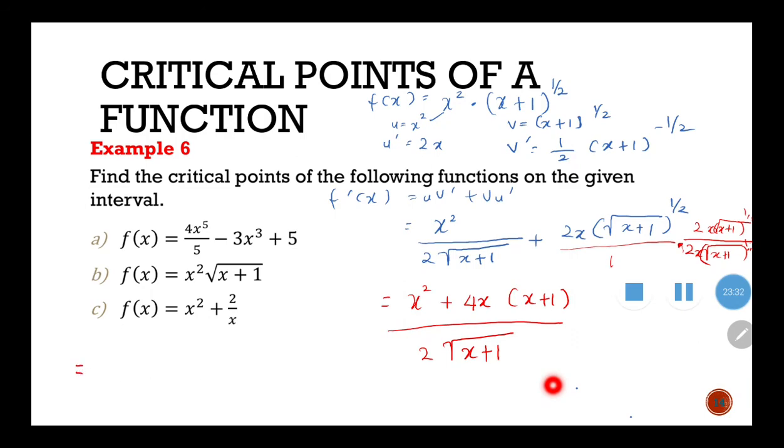Then simplify it. Equal to 0. Oh, it's not finished.